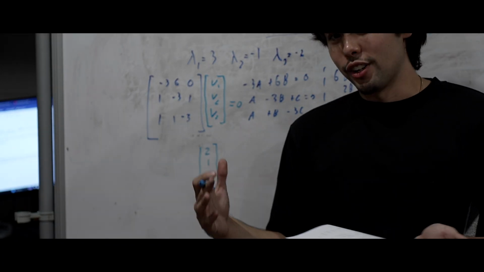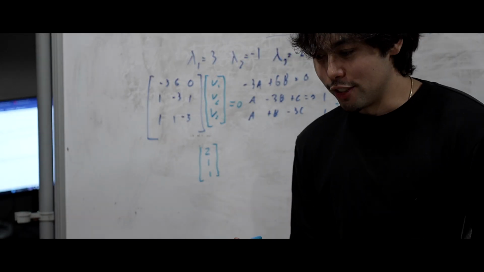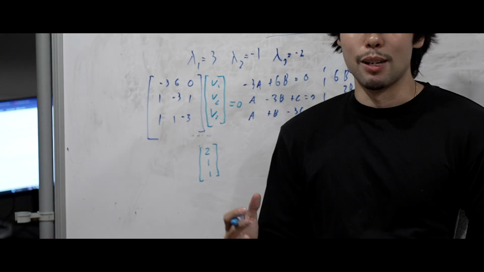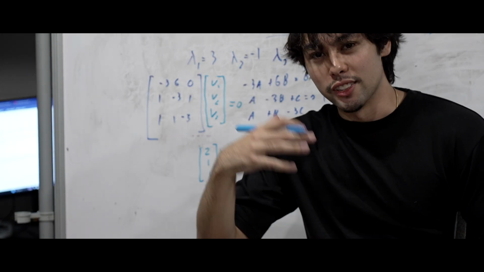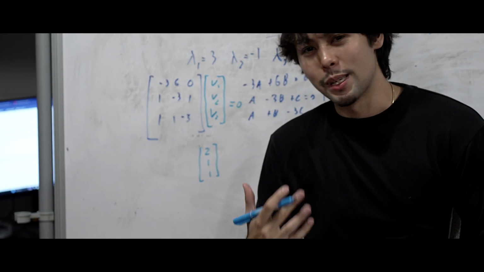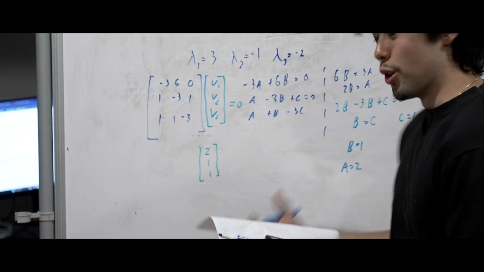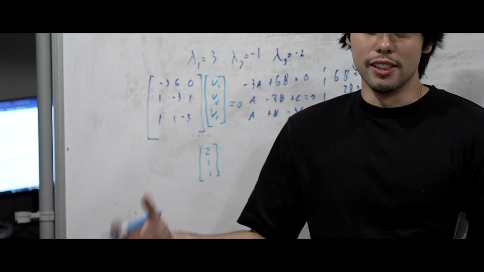And what you choose is kind of arbitrary, right? Because you have to remember that these are vectors. As long as they have the same relationship, if they're scalar multiples of each other, they're still the same vector, right? So you could have chosen 2 and it would have been the same. But 1 is easy. 1 makes your life easy.